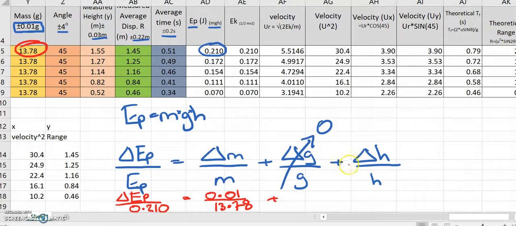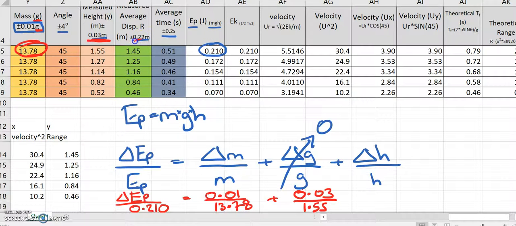Plus, ignoring gravity, the absolute uncertainty in the height, which we worked out as 0.03, divided by the height, which was 1.55.